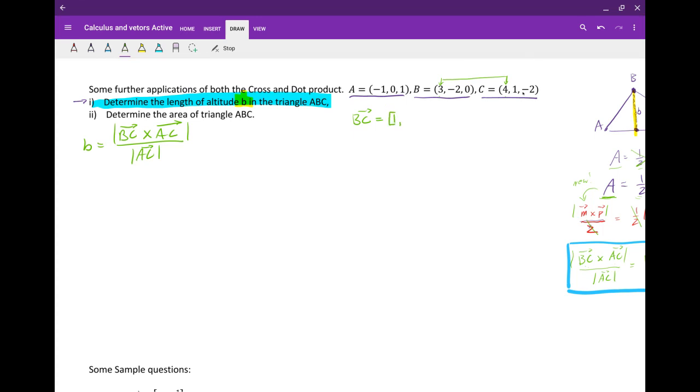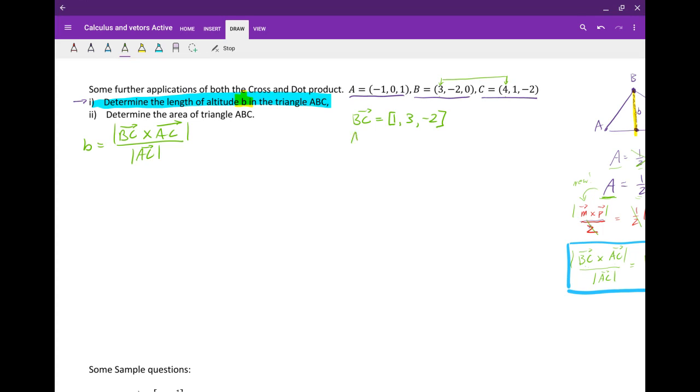And then for the y component of this vector, it's 1 minus a negative 2, so 1 plus 2, or 3. Then it's negative 2 minus 0, so it's actually just a negative 2. And then let's see. So that's it.